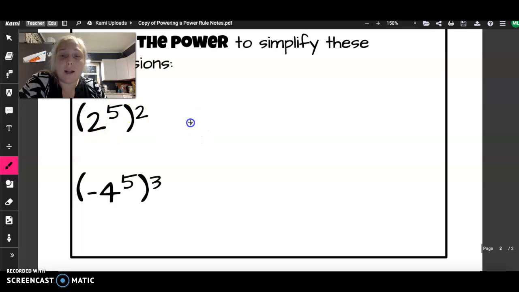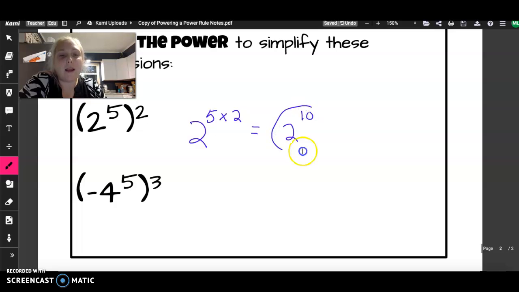Well, our rule says we've got to keep our base. And then what do we do with those exponents? Well, our rule said we need to multiply the exponents together. So that would be 5 times 2, which would give us 2 to the 10th power as our exponential form.